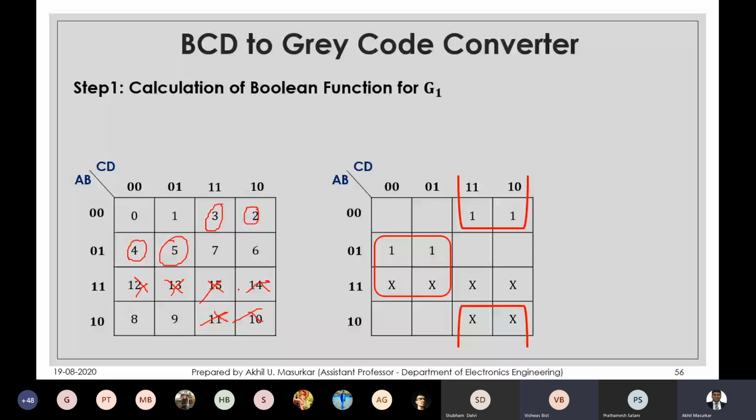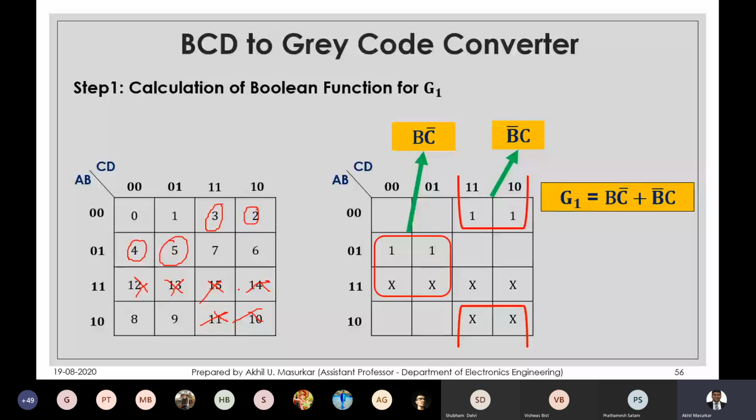Yes, sir, in the position of 8, 9, 10, 11, I didn't write X, don't care. So from the answer only, I can make out that you have taken a pair. So these are the terms B C bar and B bar C. So B C bar plus B bar C is nothing but B XOR C.